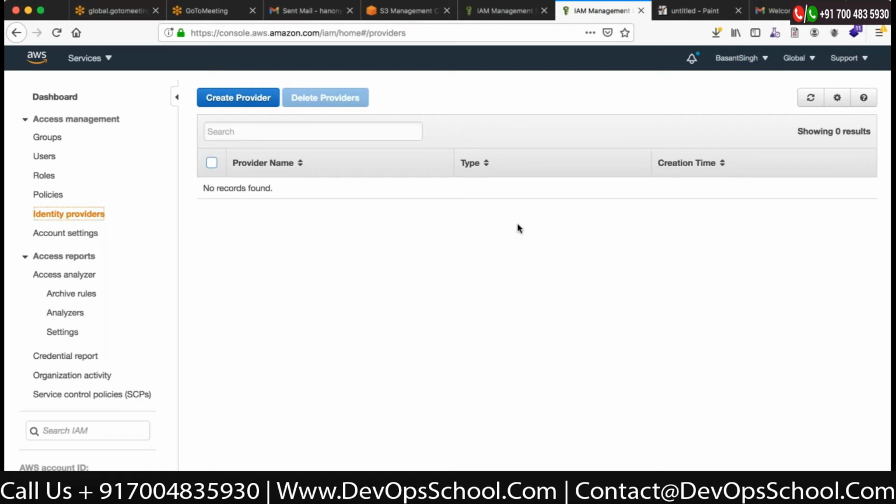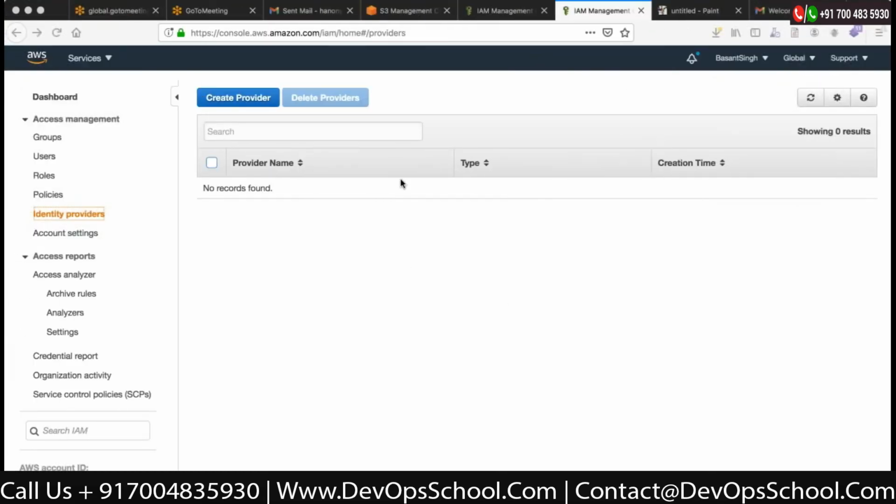So, we were talking about identity providers. Basically, we manage user entities outside of AWS. You can use an IAM identity provider instead of creating IAM users in your AWS account.